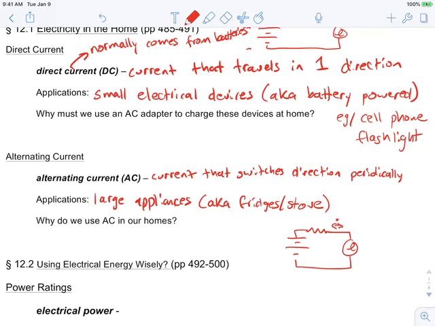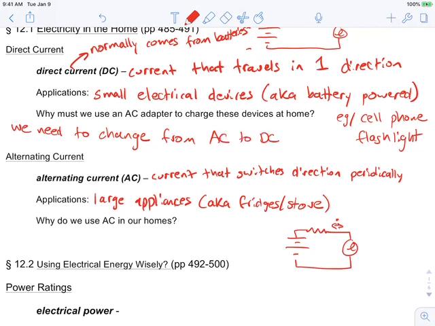Okay, good stuff. So pretty much all of our big appliances are going to take the role of alternating current. So now we go back to this question, why do we use an AC adapter to charge these devices at home? And that is a good question. It's because we need to change from AC to DC.